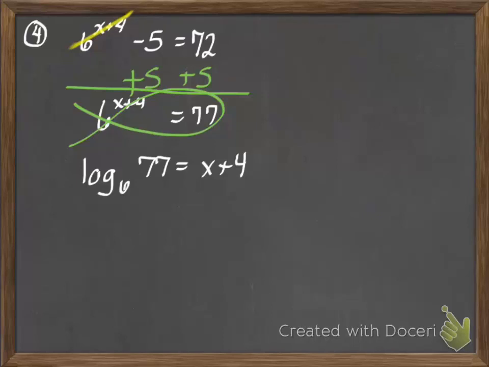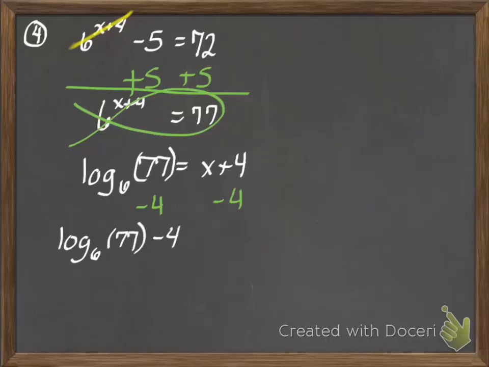And so now I need to move the 4 by subtracting. That can't change that 77. That 77's locked. And so we have log base 6 of 77 minus 4 equals x.